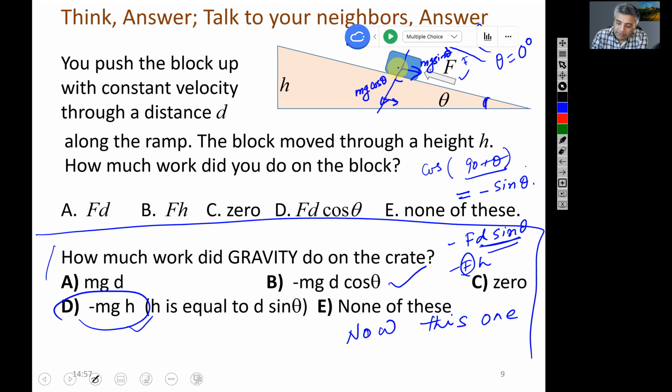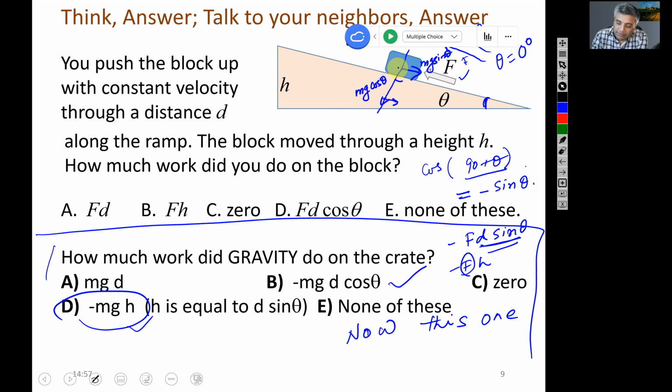So when force and displacement are 90 degrees, work done is 0. When the angle is 90 degrees, work done by that force is 0. Yes. So that means this thing is just sitting there, not doing the work. So the only thing that's doing work is this force here, the mg sine theta component.